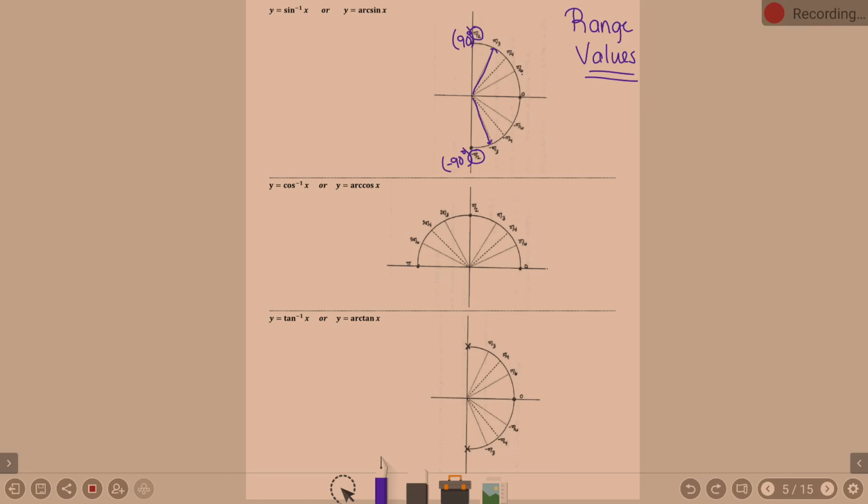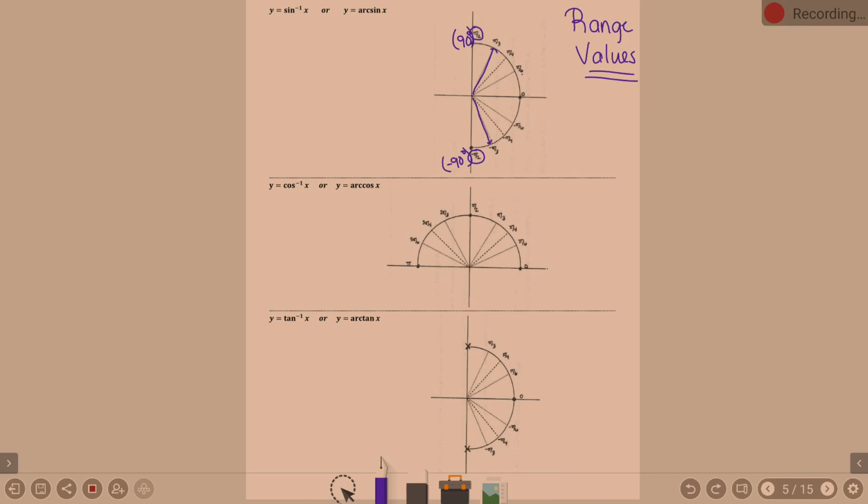Now, if someone tries to tell me 5 pi over 3, is that in the same spot as negative pi over 3? Think about it. If you go back to your original unit circle, remember, all these angles have multiple names, right? So pi over 3 is up here. If I go down here on my normal unit circle, it doesn't say negative pi over 3, does it?